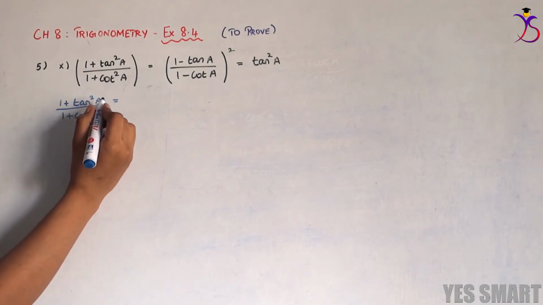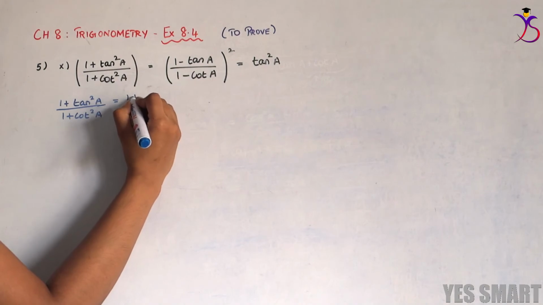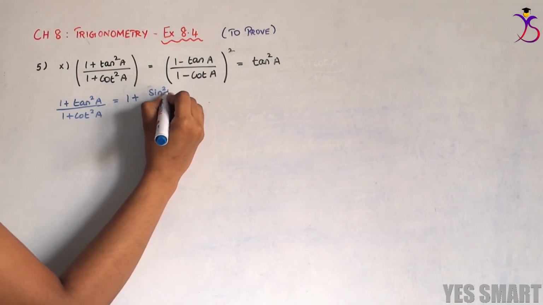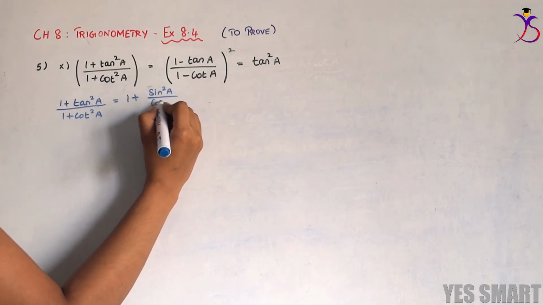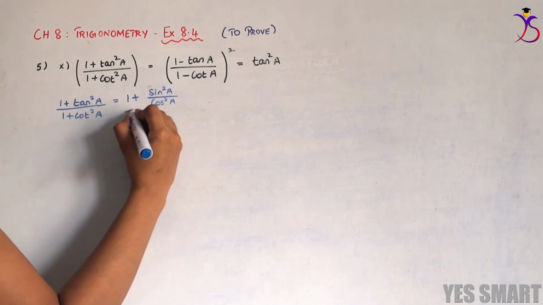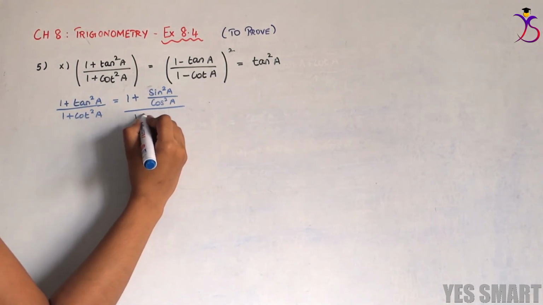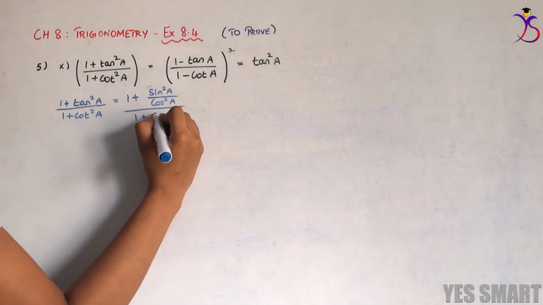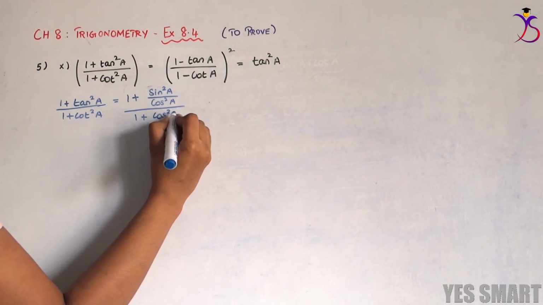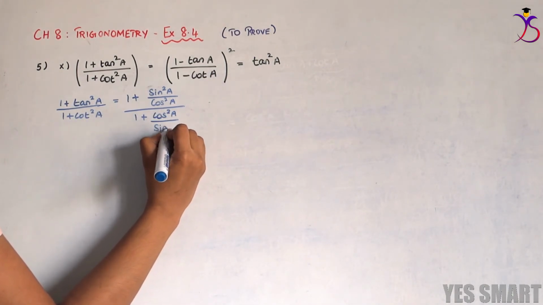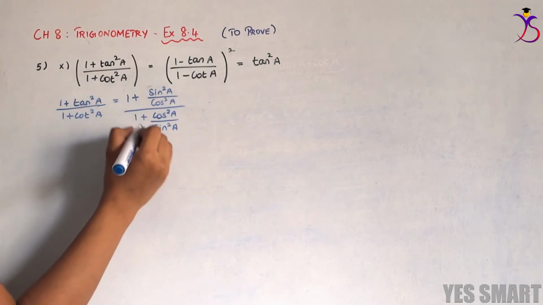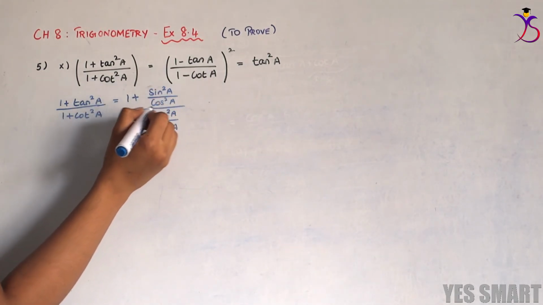1 plus tan square A can be written as sin square A by cos square A, divided by 1 plus cot square A, which can be written as cos square A by sin square A. Now on taking LCM we can solve further. The LCM for the numerator would be cos square A, since we have only 1 in the first fraction.